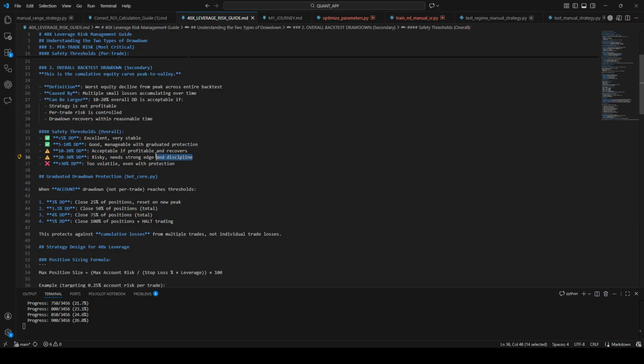I am searching for discipline and a strong edge, because I'm not only doing it for scalping, I'm doing it for more strategies. So between 20 and 30 would be more for me, rather than the 10 to 20, or I should take the 20 in between the two. That's something I can think about while I'm sleeping.